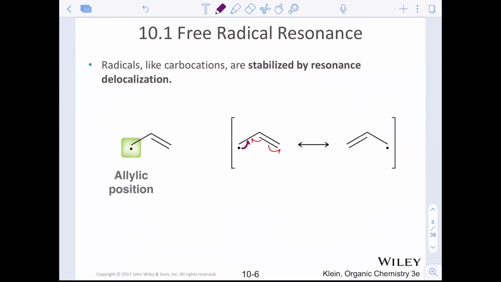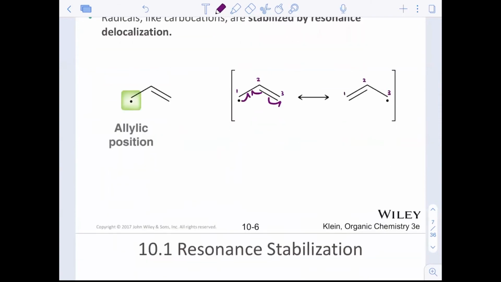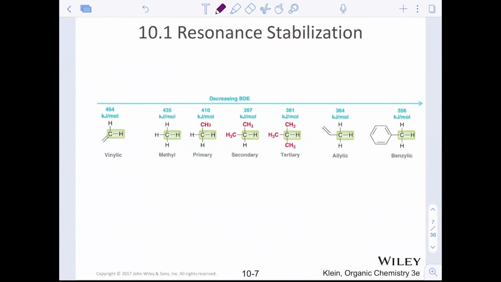One electron from the radical is going to be shared with one electron from the pi bond. The other electron from the pi bond is going to become a new radical on the other terminal end. I'll call that carbon 3. So it is very important to be able to draw these resonance structures, as we see that resonance is the absolute best stability for a radical.